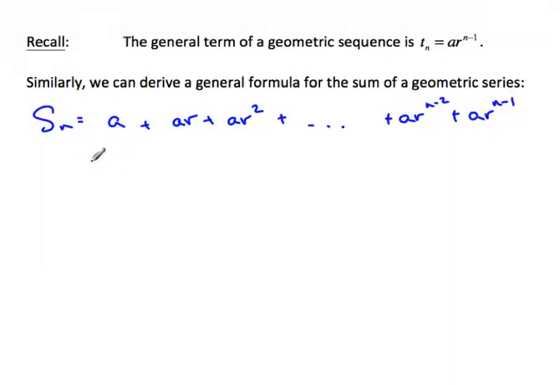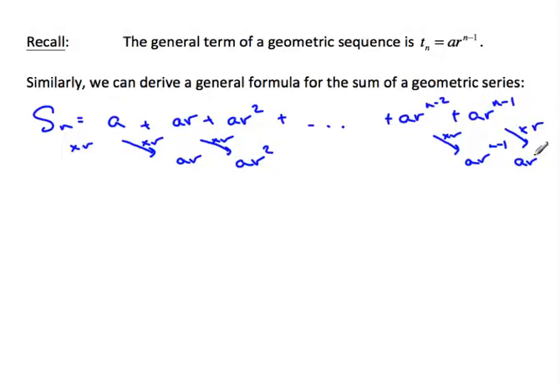Remember that in the previous example, we then multiplied by the common ratio. So if we're going to multiply by r, then a multiplied by r gives me ar. ar multiplied by r shifts over and gives me ar squared. And everything does in the same way. ar to the n minus 2 multiplied by r gives me ar to the n minus 1, but this one multiplied by r gives me ar to the n, by exponent rules, ar to the n minus 1 times r gives me ar to the n.